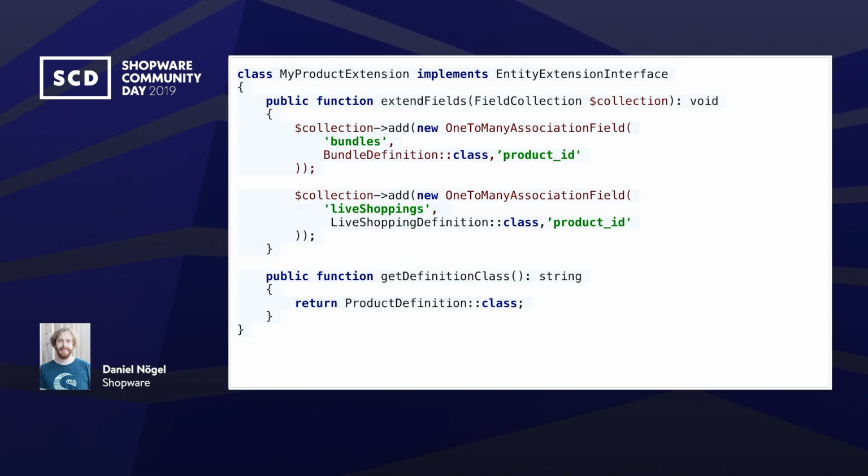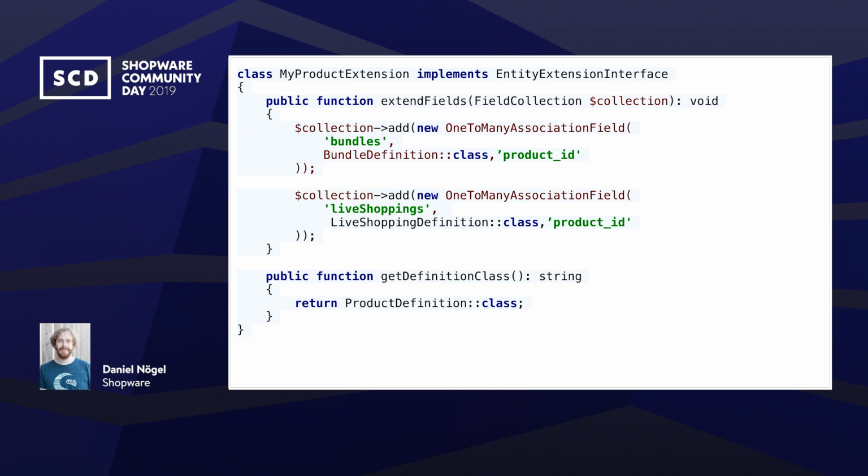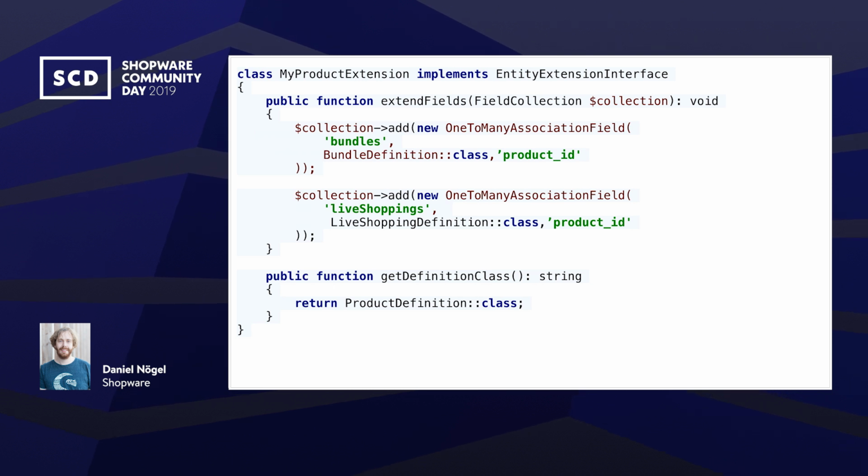The DAL is also very powerful when it comes to extending entities. A very common case is, I have a product, and now my customer asks me to have a bundle module. And somehow you need to tell the product that it is related to bundles. How do you do that?